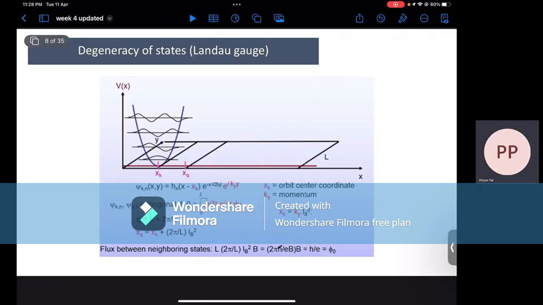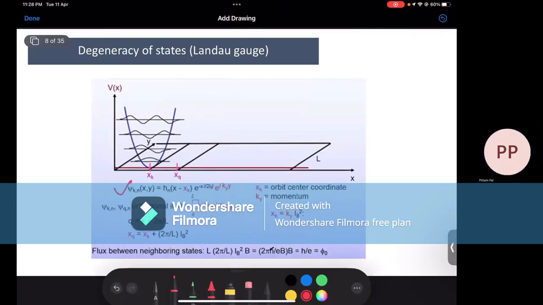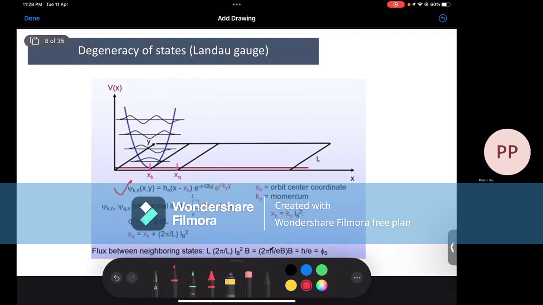Recall this wave function here, which has an e to the iky dependency going into the page, so you can imagine this wave function extending all the way out.